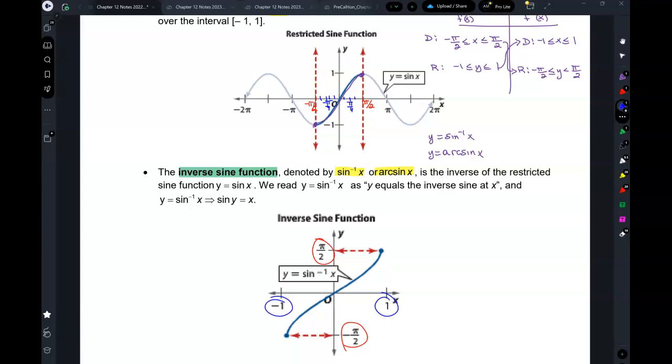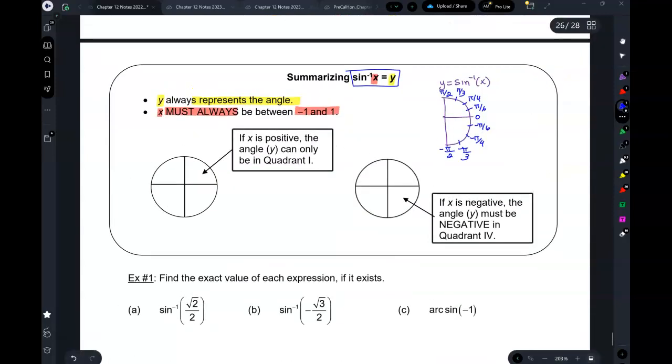Now, take a look. Where is 7 pi over 4? In what quadrant? Quadrant 3? No, but in a regular unit circle, 7 pi over 4, is it 3? It's in quadrant 4.